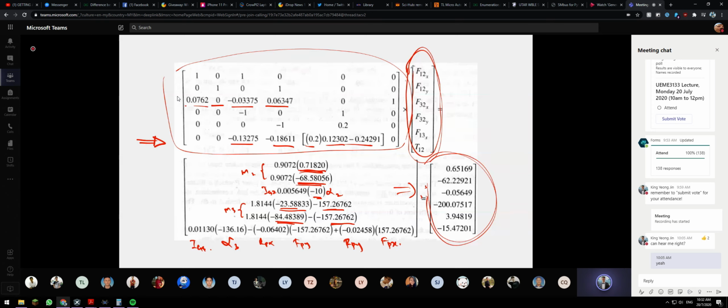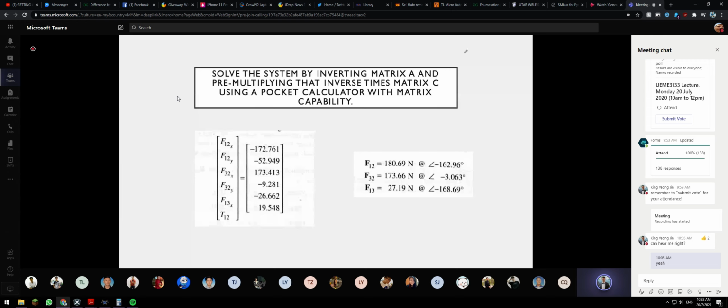We will not ask you to solve for F12X, F12Y, and so on, because you can solve this with advanced calculators or MATLAB or any matrix solution software.